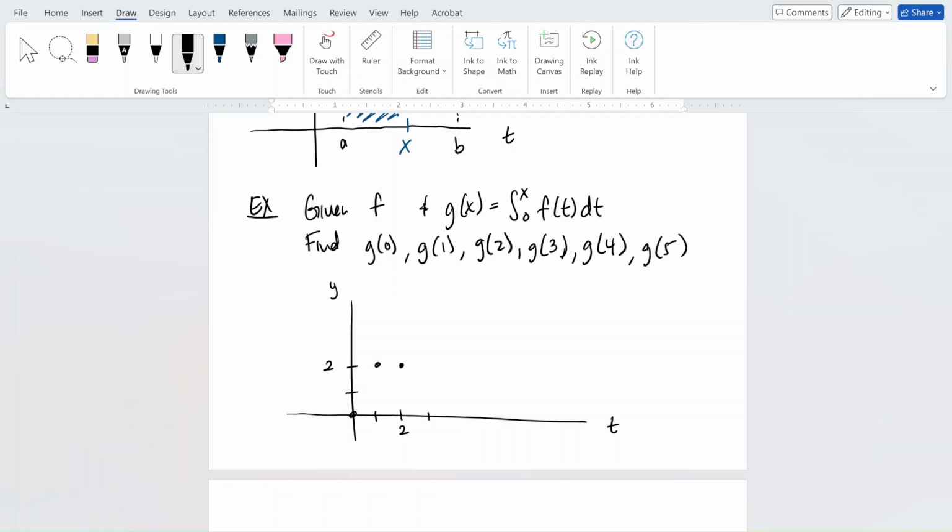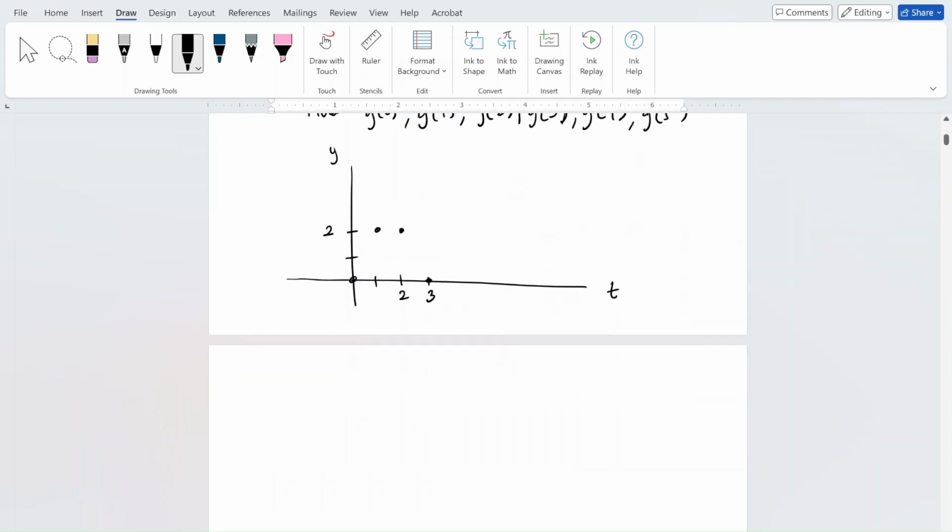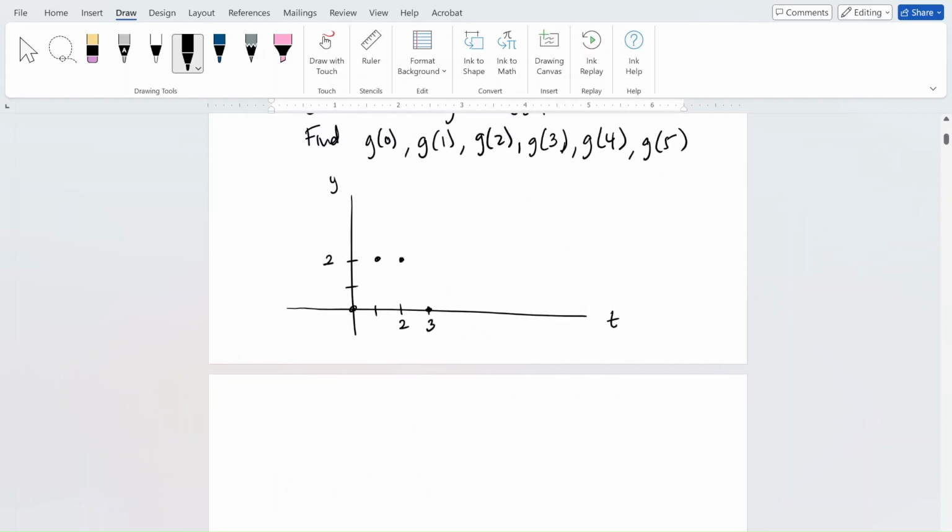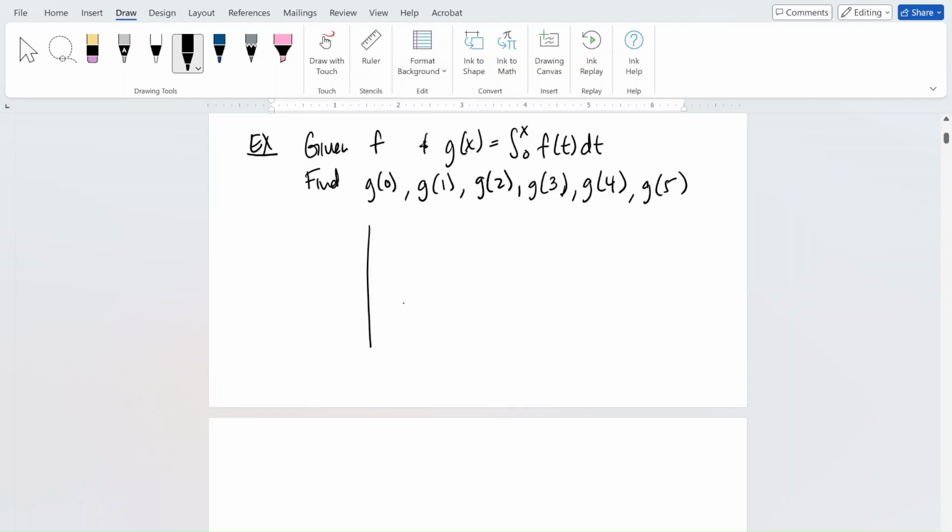And then from 2 to 3, kind of curve. Oh, hit 0 there. I think I need more space. So let me redraw this real quick. Sorry. I need a little bit more space. There we go.